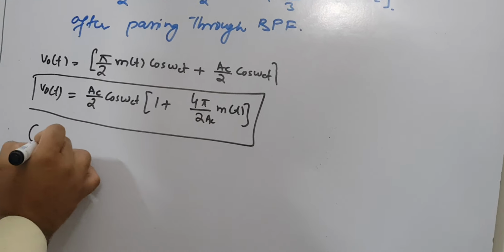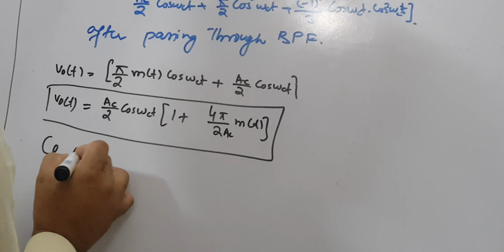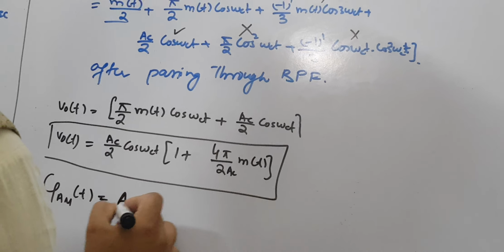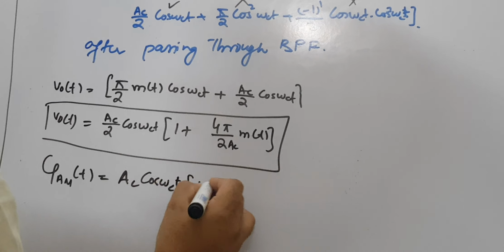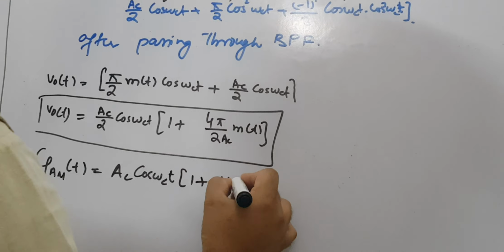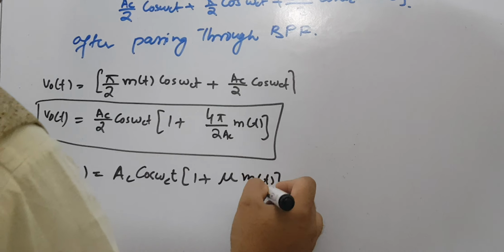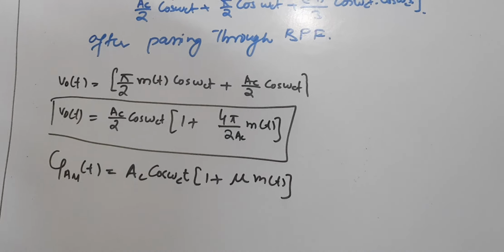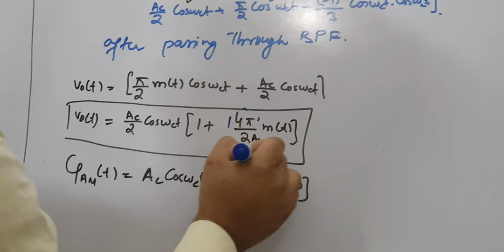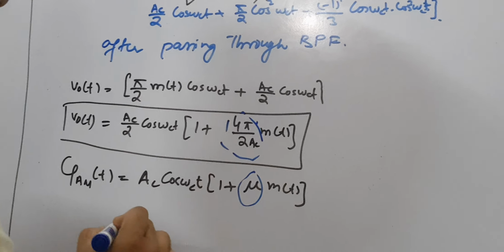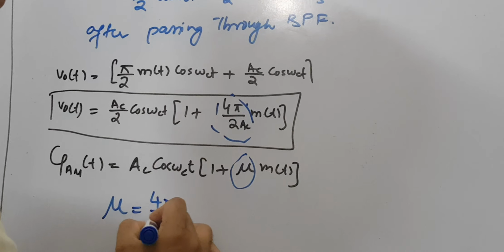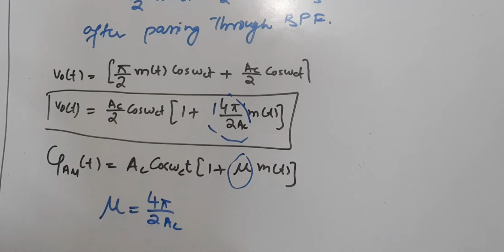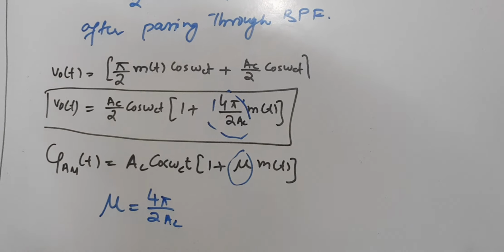and we know that for an amplitude modulator circuit it is A_c cos ω_c t [1 + modulation index × m(t)]. So it means that in this case the modulation index is equal to 4/(π A_c).